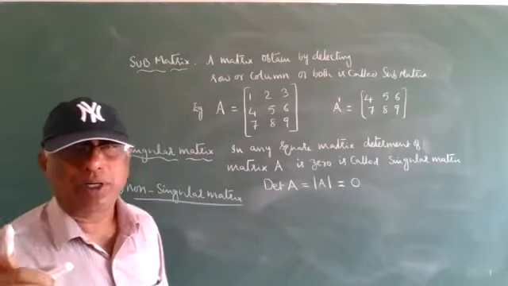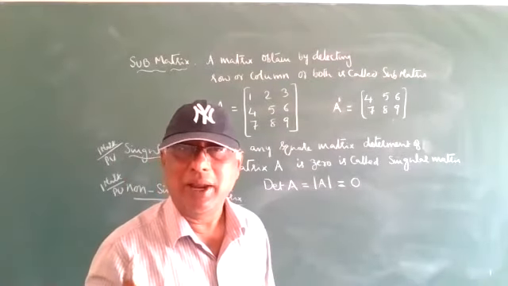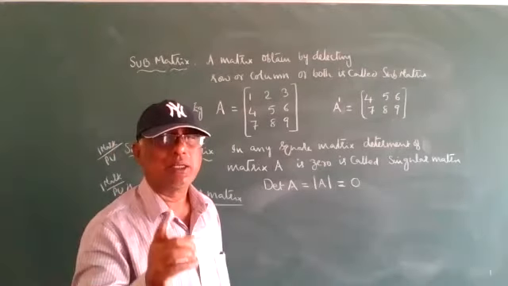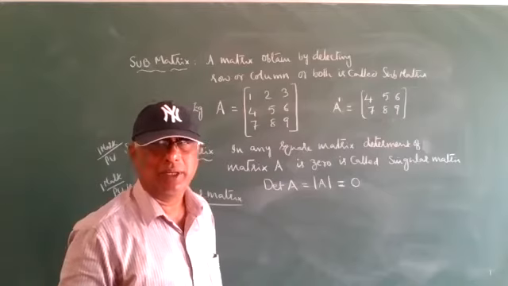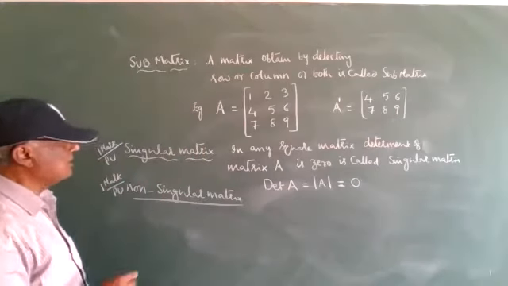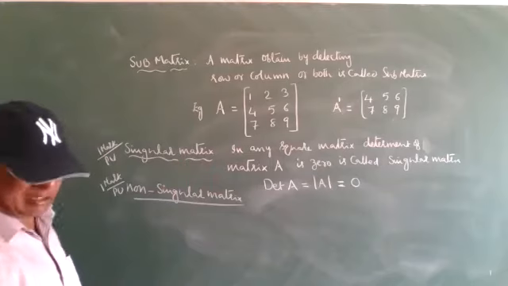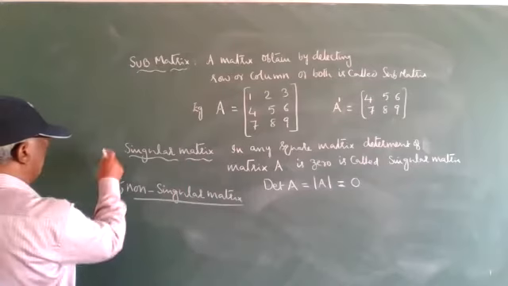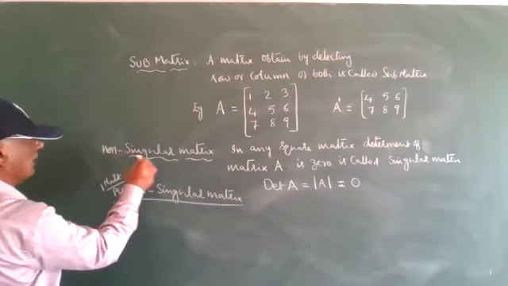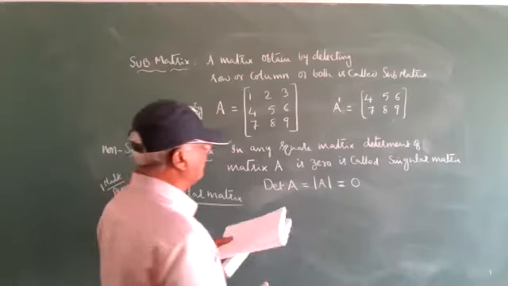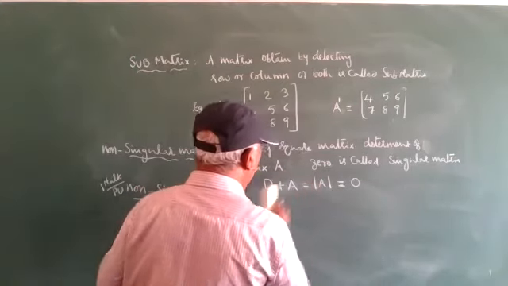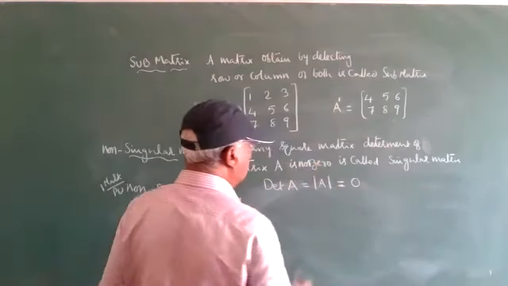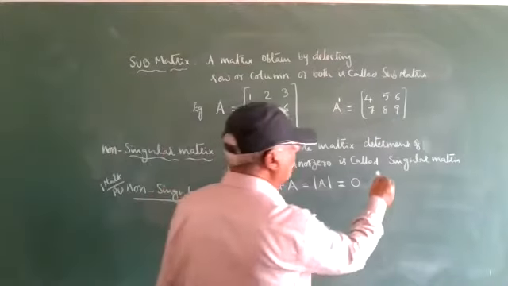I will send important questions for relations and functions; that is the most important, so you have to prepare perfectly. Non-singular matrix: in a square matrix, if the determinant of the matrix is not 0, it is called a non-singular matrix.